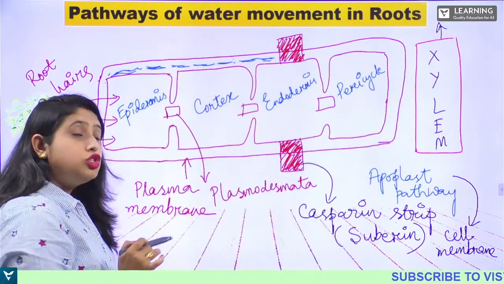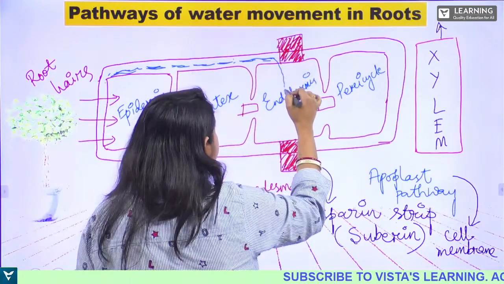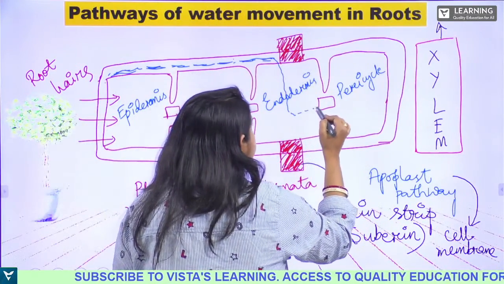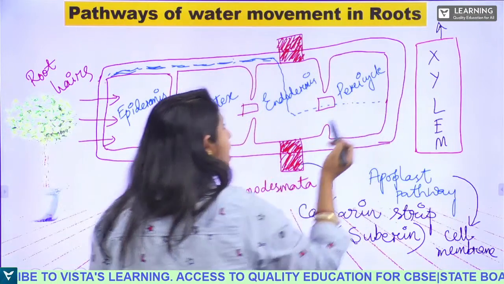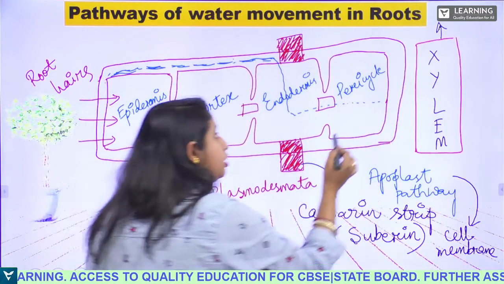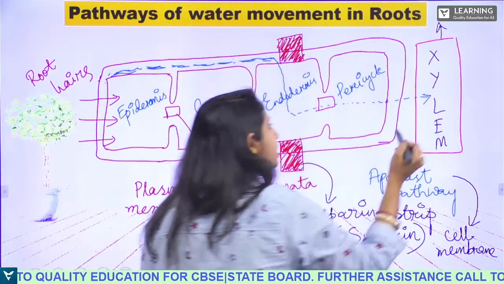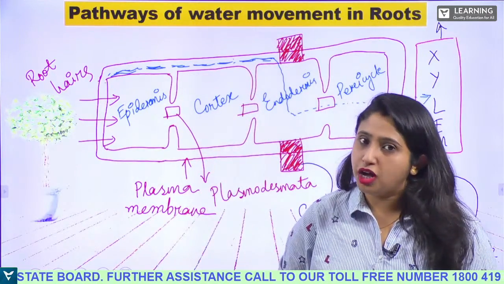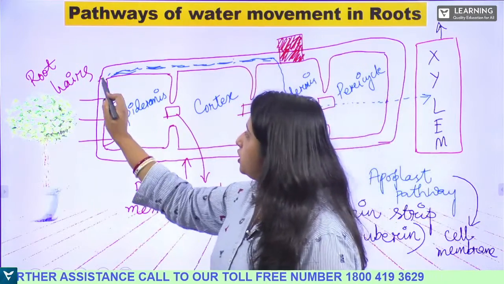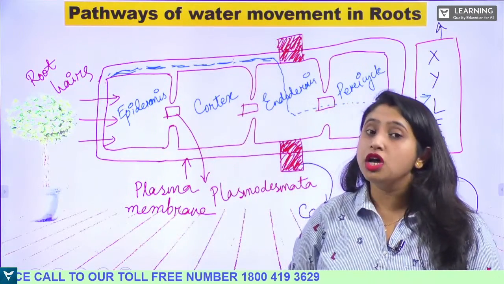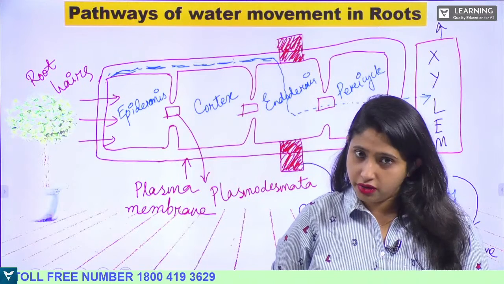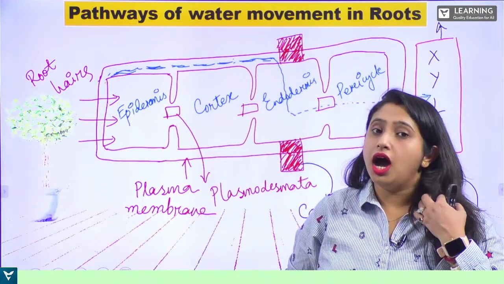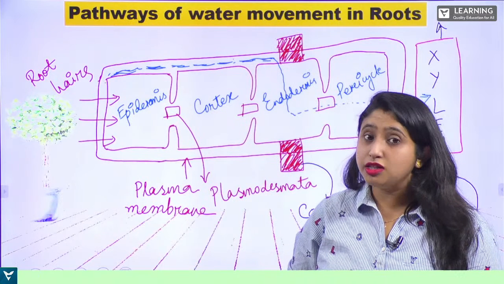Is that clear? So again, it will come back to the endodermis, and through the plasmodesmata it needs to go to the pericycle. Only then, through the pericycle, will it go to the xylem. This is the Apoplast pathway. The molecules absorbed by the root hairs are transported through the thin channel, that is the plasma membrane.